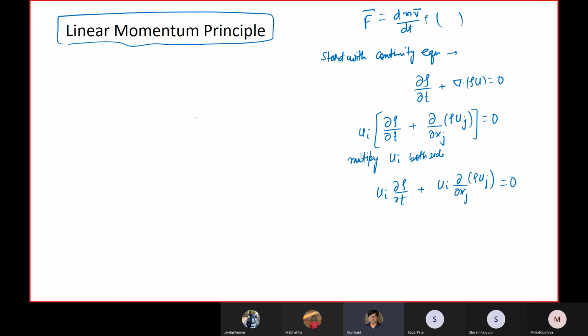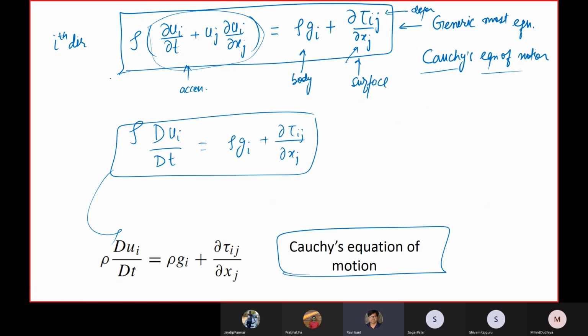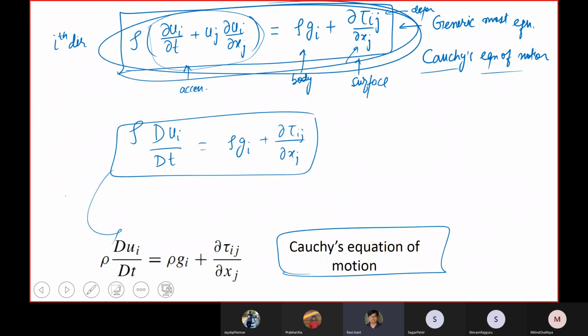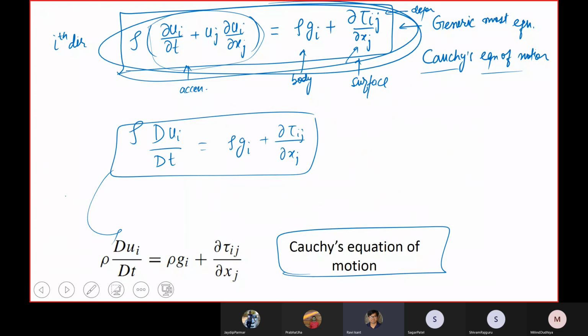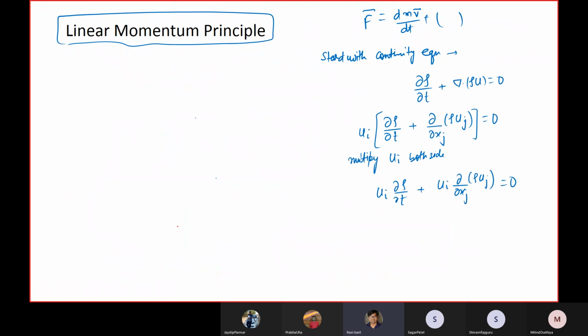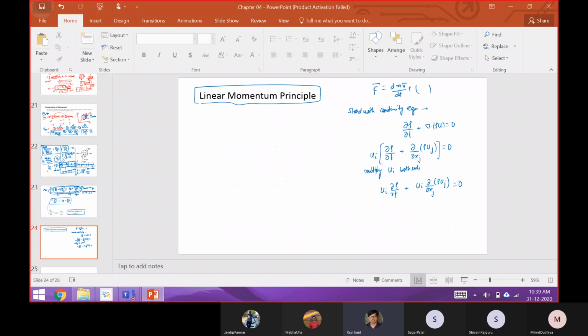This I know. Now let me go back and take out this particular equation, Cauchy's equation. Let me save it once, because I don't want to lose it again.